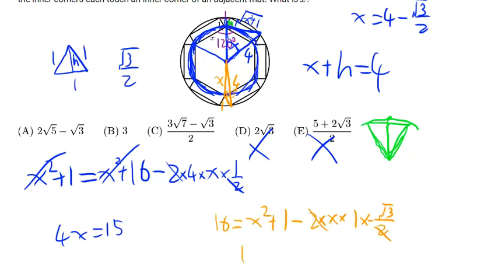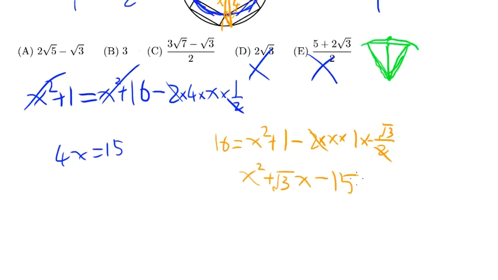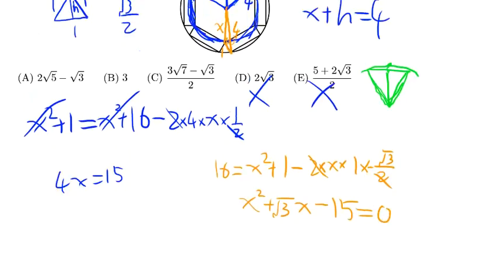So this turns into x squared, this minus this becomes a plus, minus 15 equals 0. Okay, now it's a quadratic.